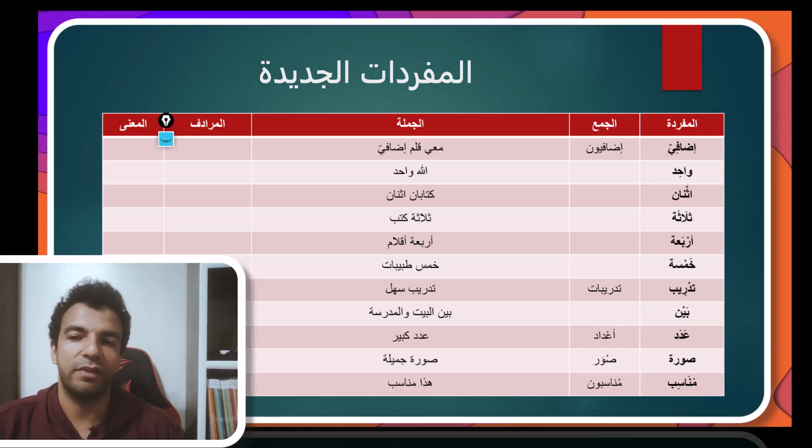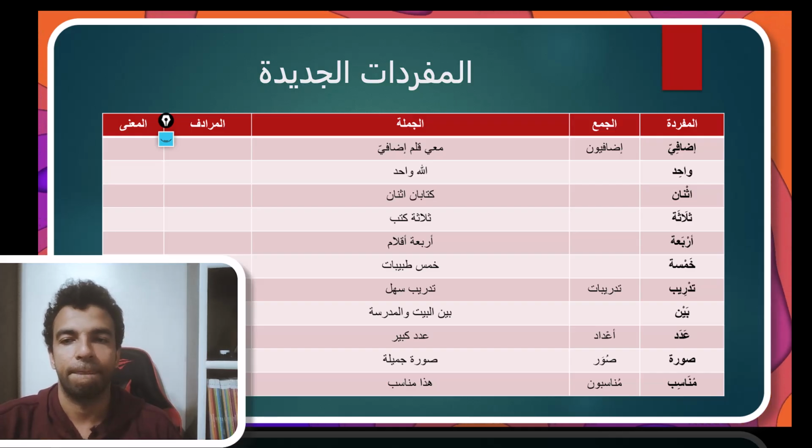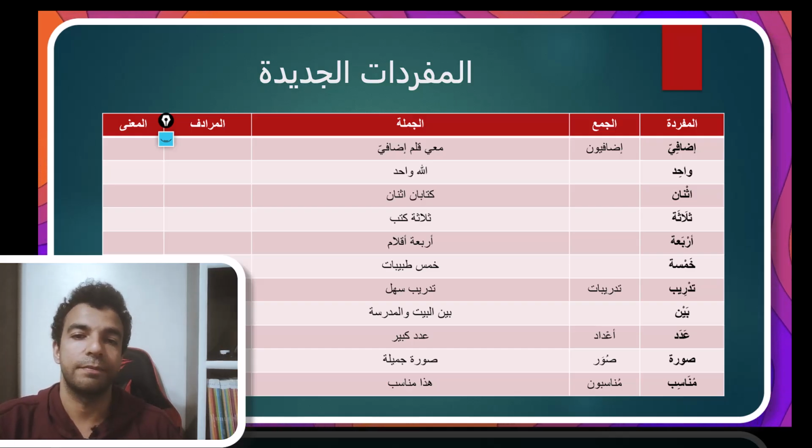For the numbers we've learned from 1 to 5, let's say them together. واحد, and an example of that, الله واحد. Allah is one. Then اثنان, 2. Example of that is كتابان اثنان, 2 books. ثلاثة, 3. ثلاثة كتب, 3 books.